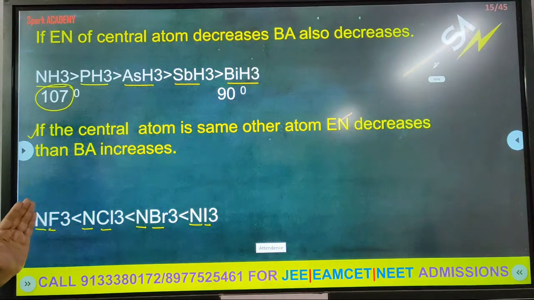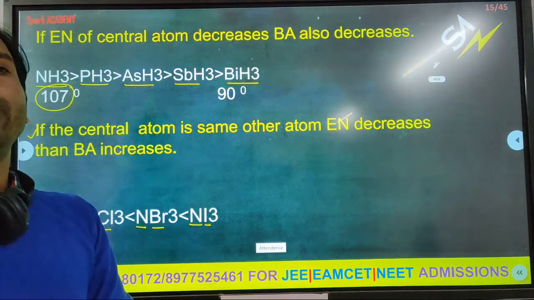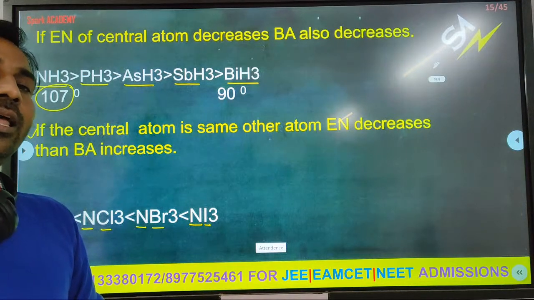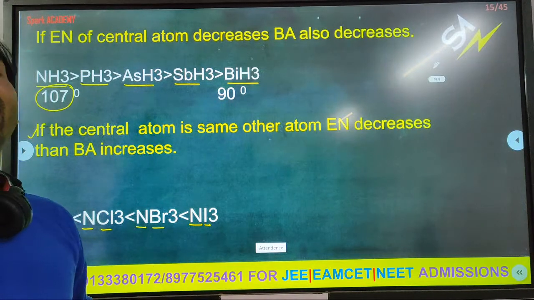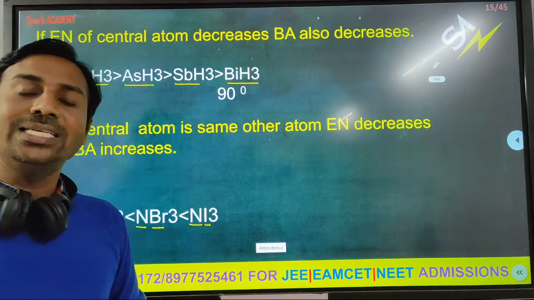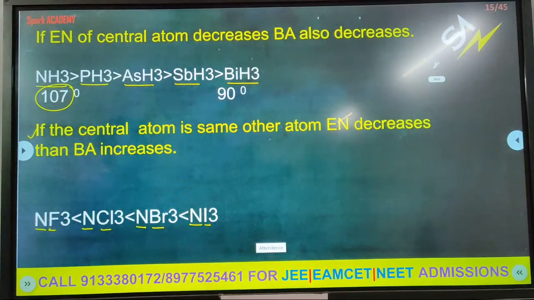Fluorine, chlorine, bromine, iodine are 17th group elements, the most electronegative elements in the periodic table. But from fluorine to iodine, electronegativity decreases. Fluorine is the most electronegative element. Iodine is the least electronegative element in that group.